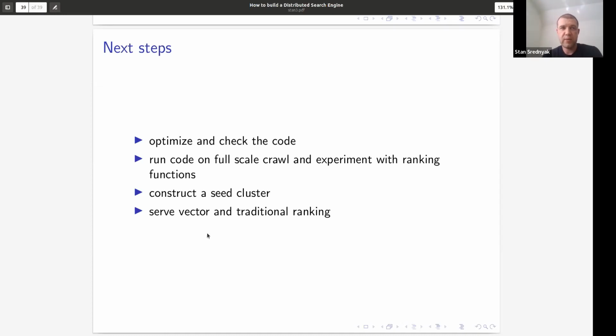And then if you want to do search, this data set has to be dynamic. The next step is to run a seed cluster. And this is problematic for us because we are just a distributed community of academicians.